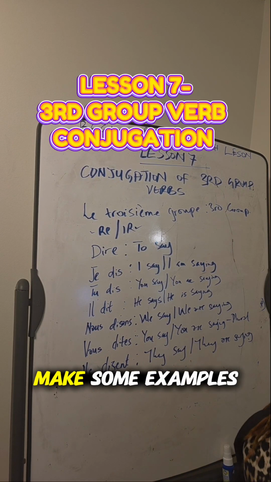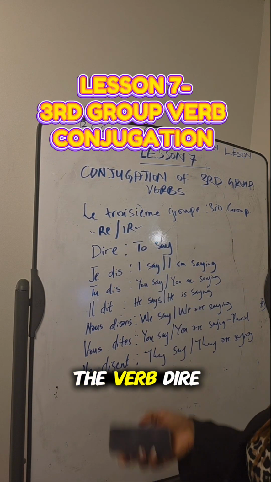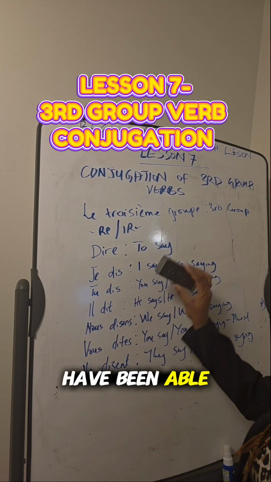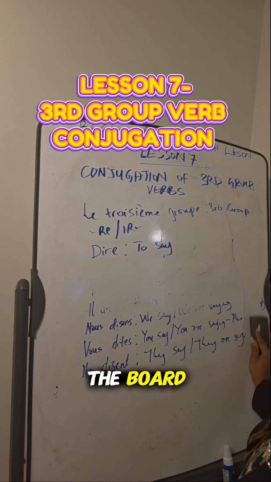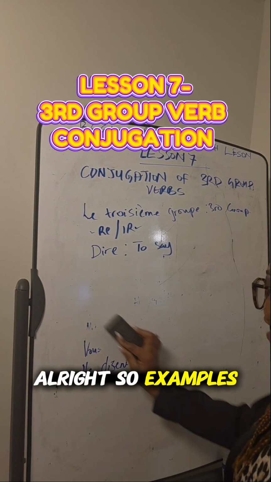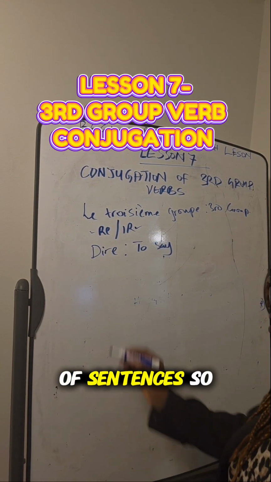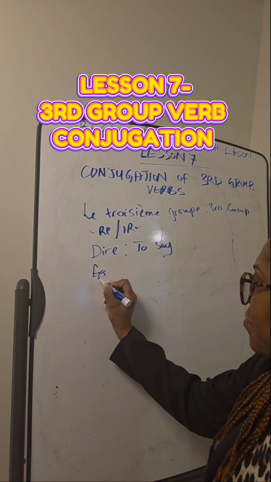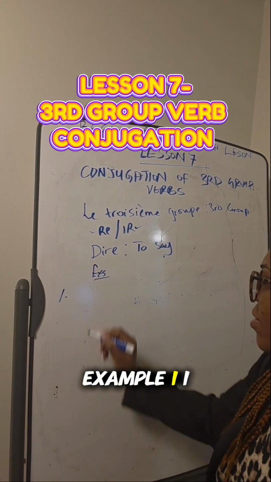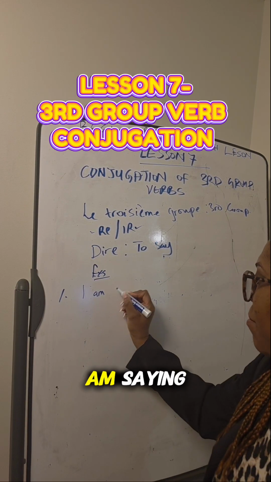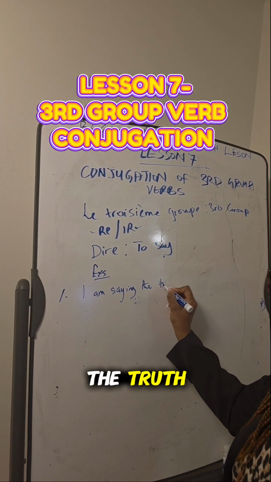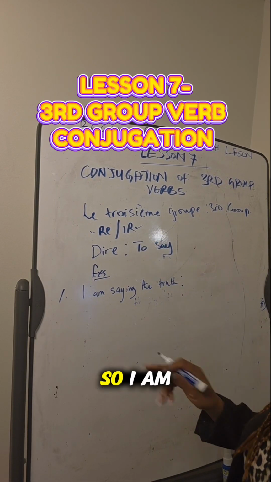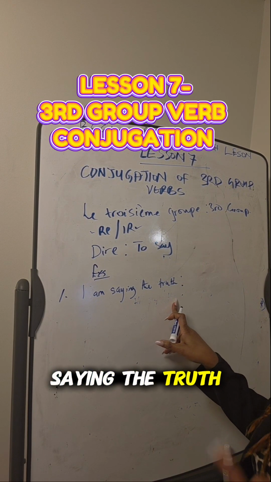So let's try to make some examples using sentences with the verb dire. I hope you have been able to get your note up until this point, as I am going to wipe the board. All right, so examples of sentences. Example 1: I am saying the truth.